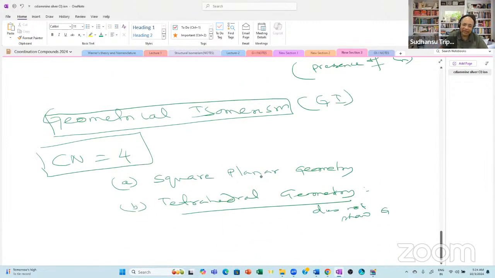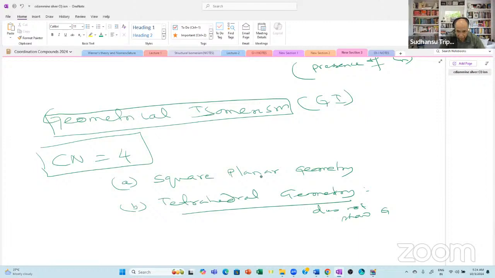But supposing a coordination number 4 complex is tetrahedral in shape, it will not show any cis-trans isomerism. Rather, it will show optical isomerism if all the 4 groups are different. There is a chiral center or asymmetric center.